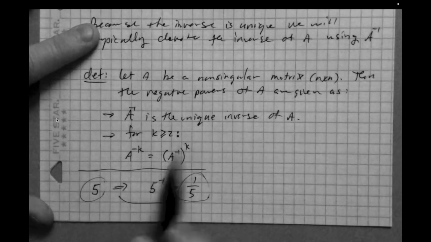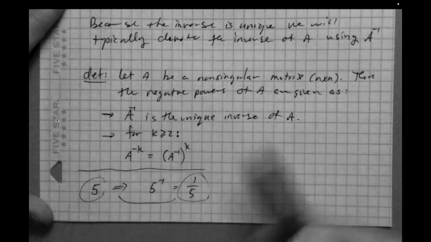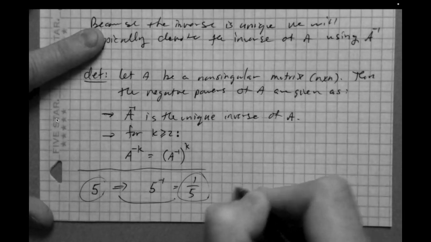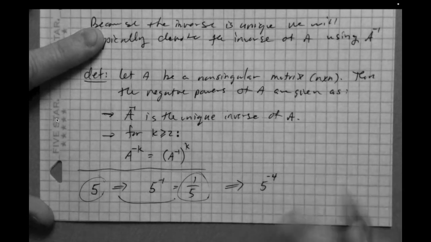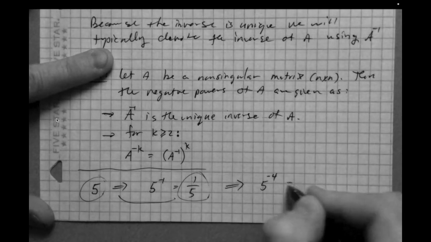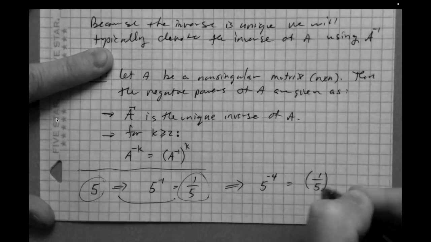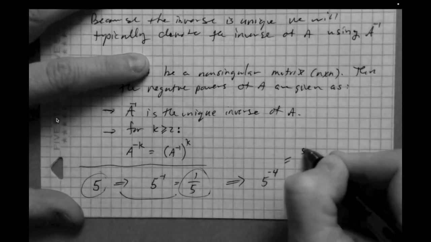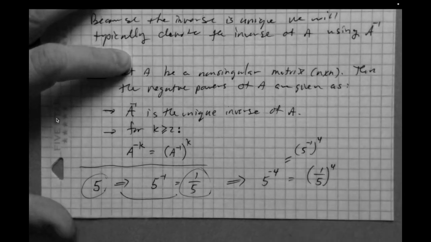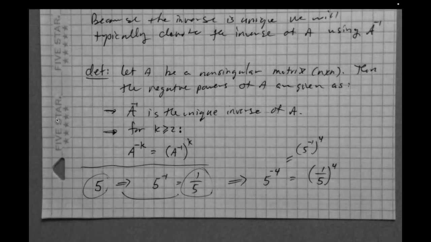That's the first item. What if I have 5 to the negative 4th power? Well, that is 1/5 to the 4th power. You can think of this as 5 to the negative 1, to the 4th, and that's literally the same thing as item 2.